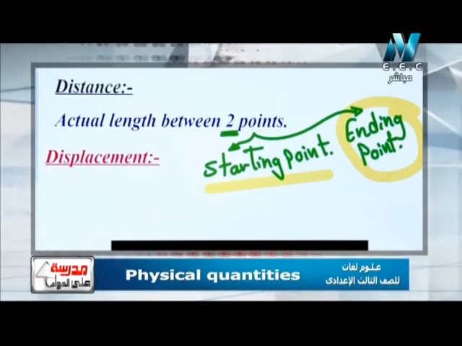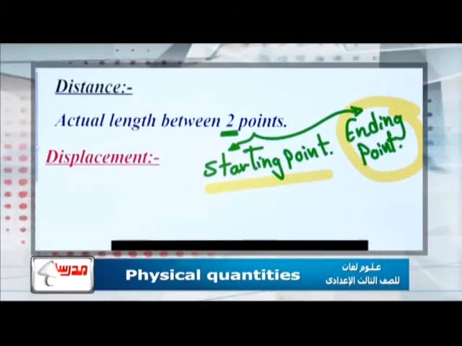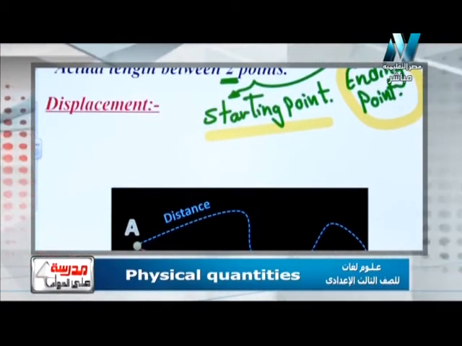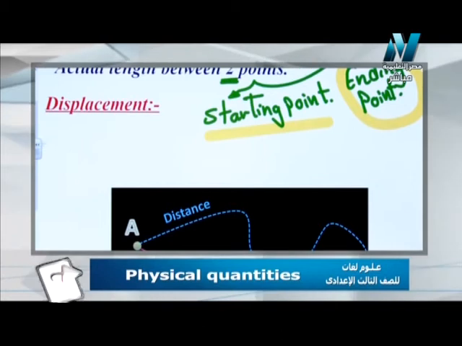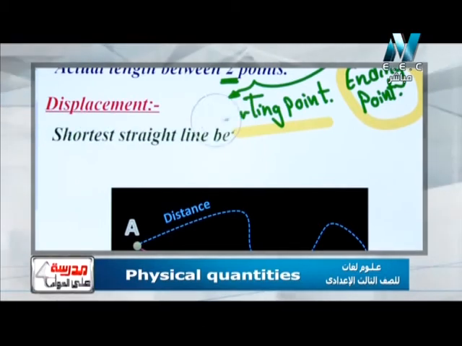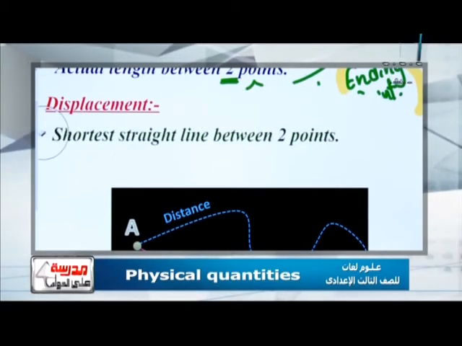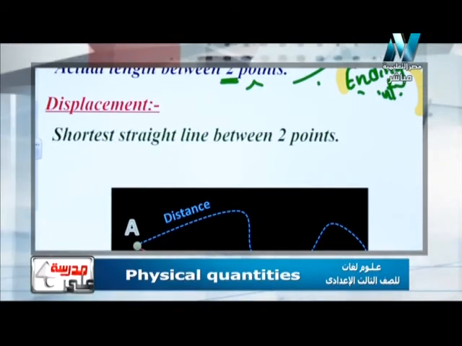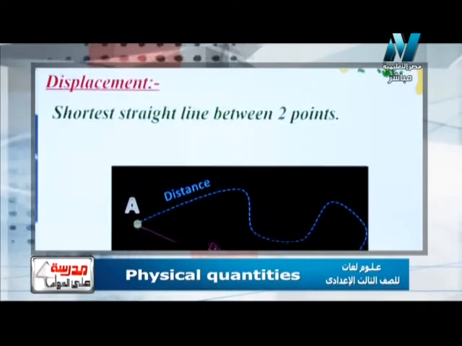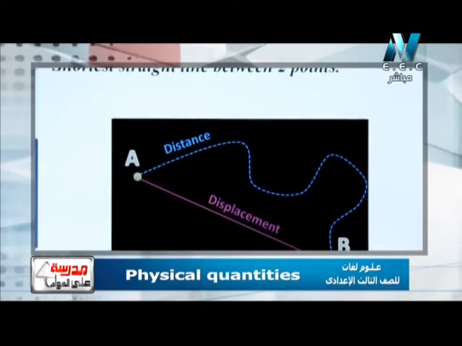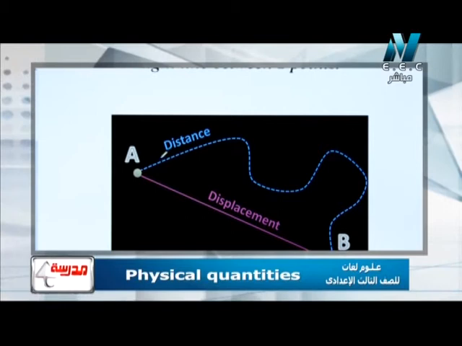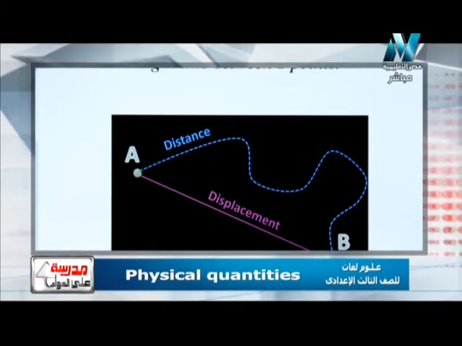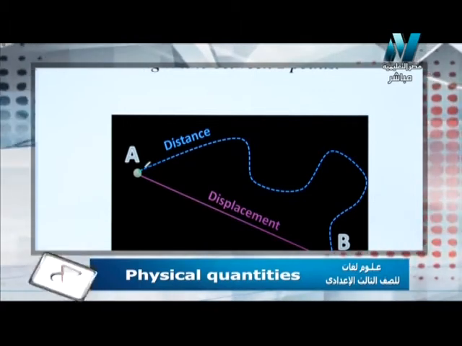Okay, let's define the displacement. As you see here, what does displacement mean? Displacement is the shortest straight line between the 2 points, between the starting point and the ending point. So in this diagram, as we see in front of us, the body moves from A toward B in this direction.